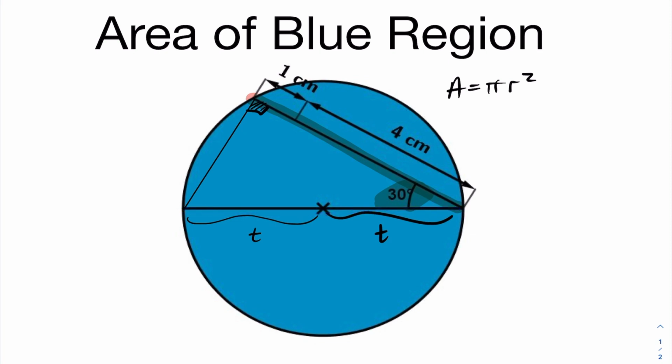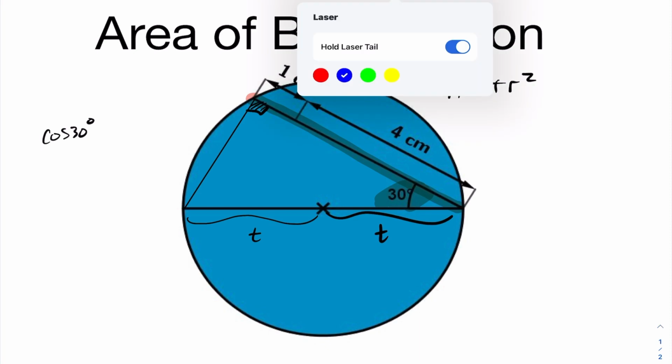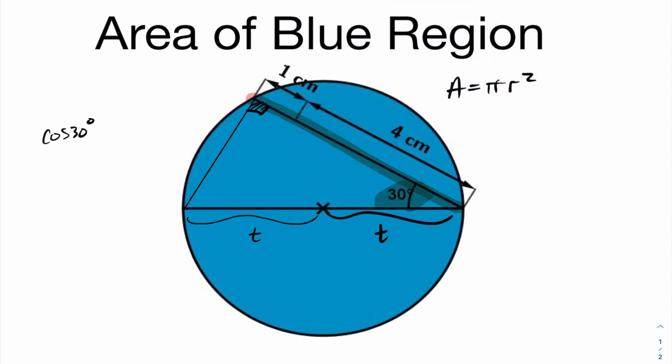So now I can go ahead and set up my ratios for my triangle here, in which case I know that the cos of 30 degrees is going to equal my adjacent, which in this case is represented by the 5, divided by my hypotenuse. Hypotenuse is always across from a 90-degree angle, so this is my hypotenuse, and that's going to equal 2t.